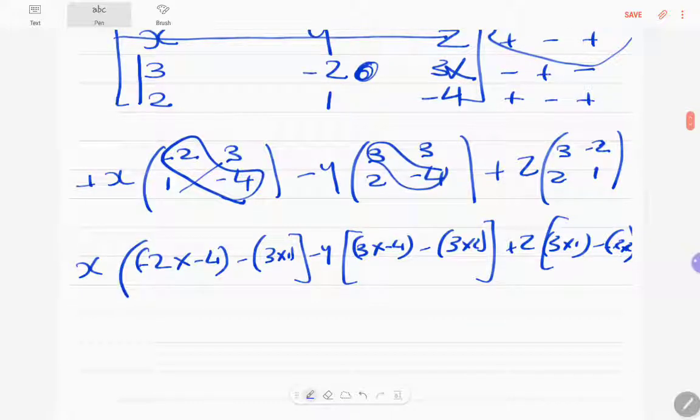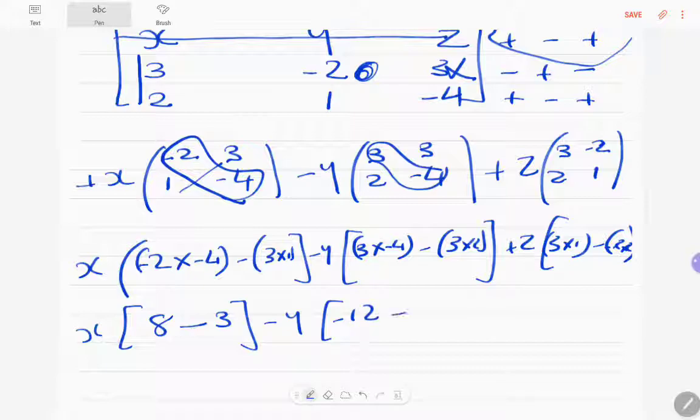From here, we'll have x into minus 2 into minus 4. We have positive 8 minus 3. Sorry, we have minus y into 3 by 4. It is minus 12 minus 6, plus z into what is 3 by 1, is 3, minus what is minus 2 by 2, it is minus 4.